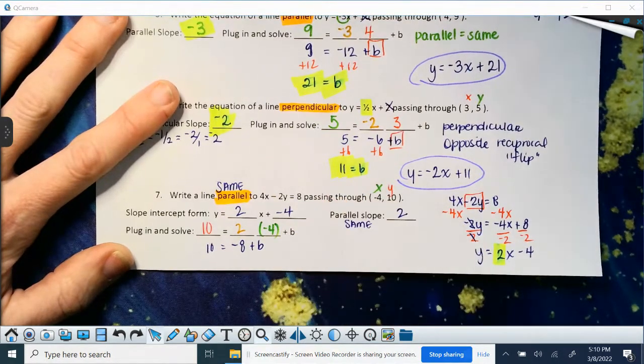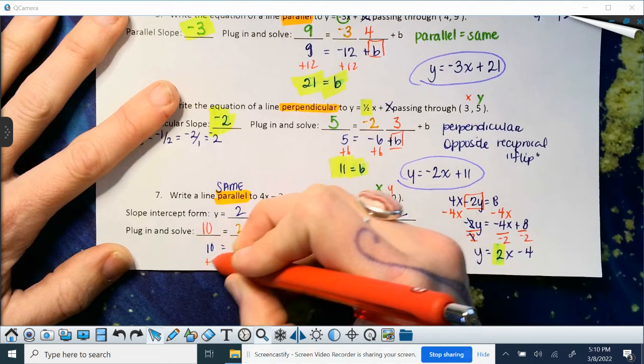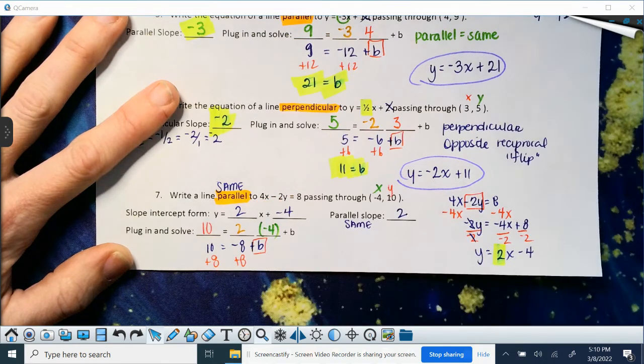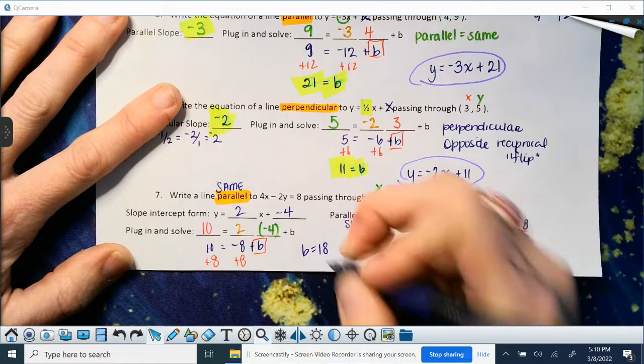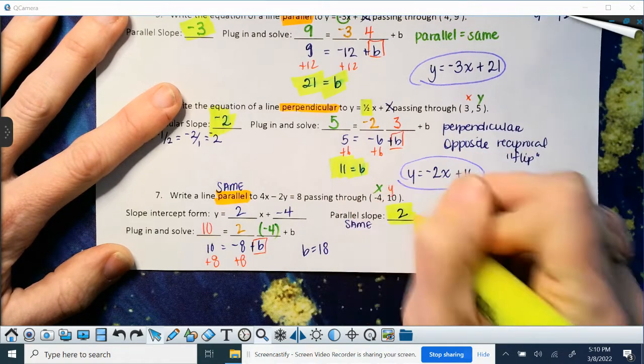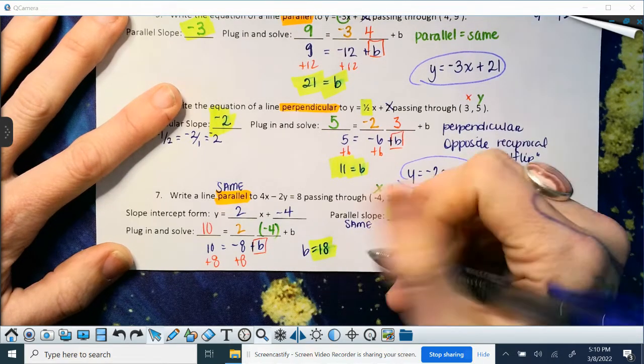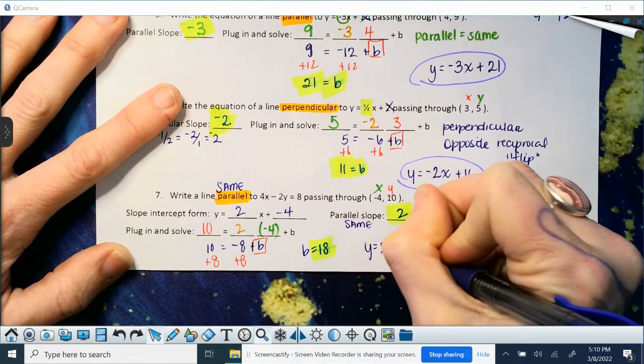We need to get b by itself. It's a negative 8, so we're going to add 8 to both sides. And 10 plus 8 gives me b equals 18. The two things you need to write the equation of a line are your new slope and your new y-intercept. So it's going to be y equals 2x plus 18.